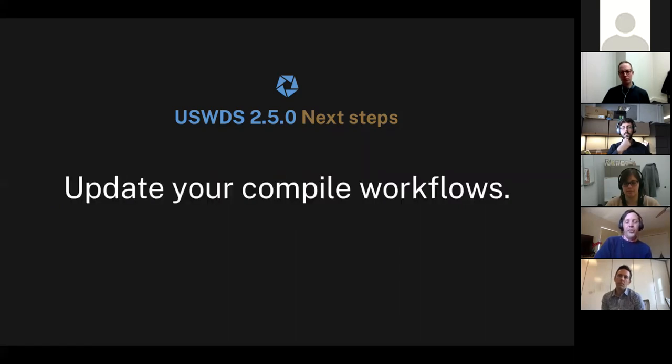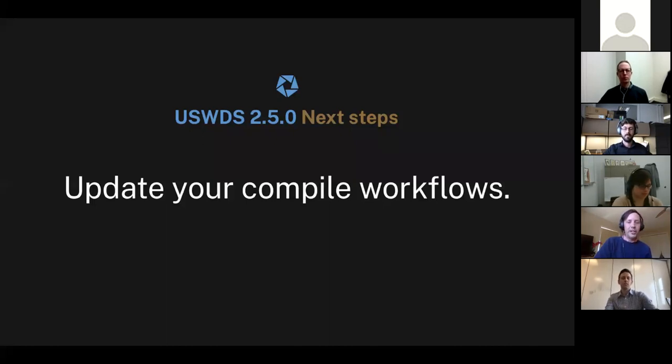And also, if possible, it would be good to update your Sass compile workflows. So we changed from compiling our Sass with libsass to compiling it with Dart Sass. And we started minifying with CSSO instead of CSS Nano. And these are things that are probably good to mimic in your own setups as well.